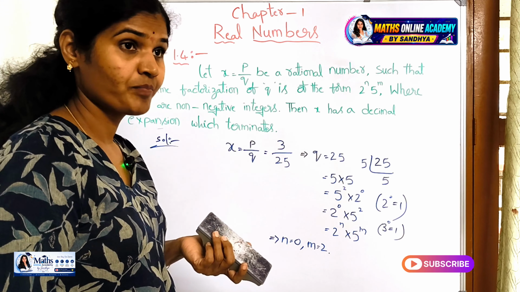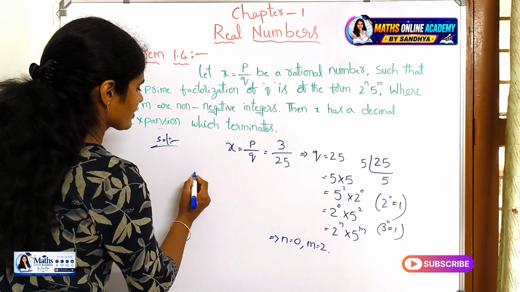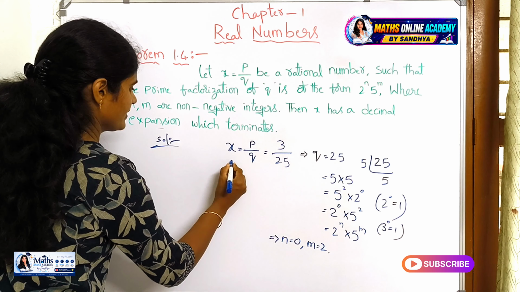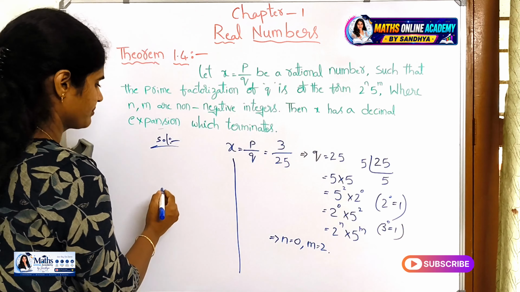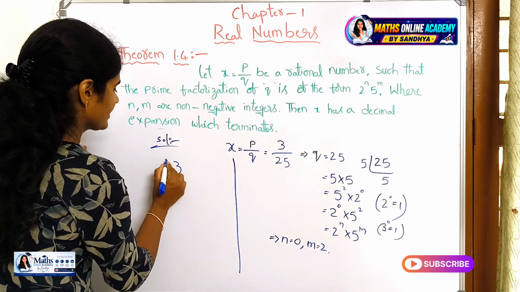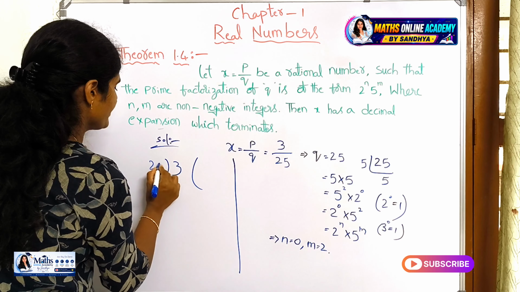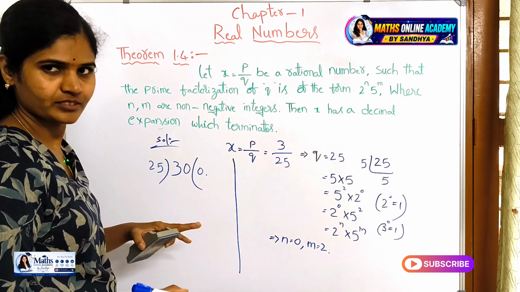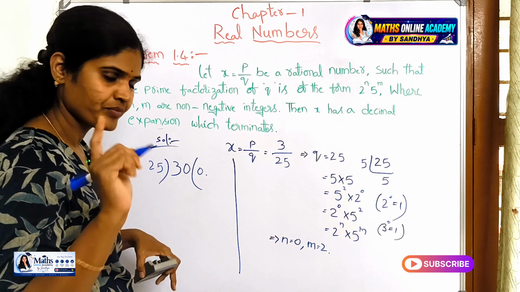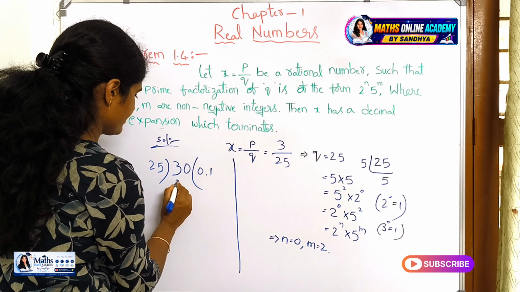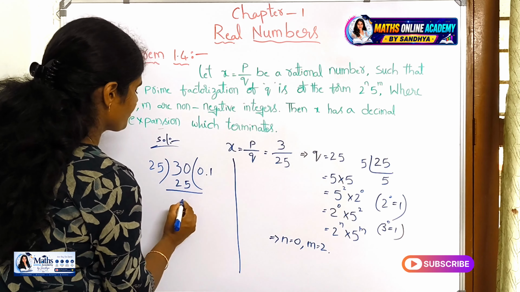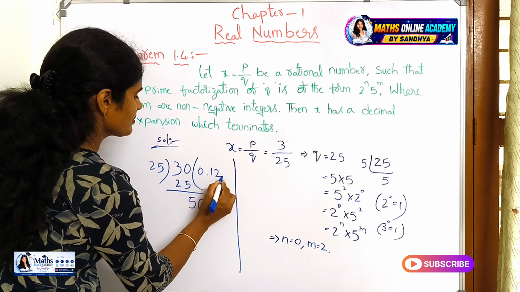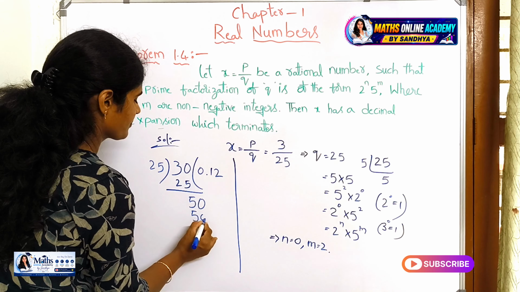Decimal expansion, let's see. For 3 by 25, decimal expansion means 3 divided by 25. 0. 25 ones are 25. And again here 5. You can write 0. 25 twos are 50.